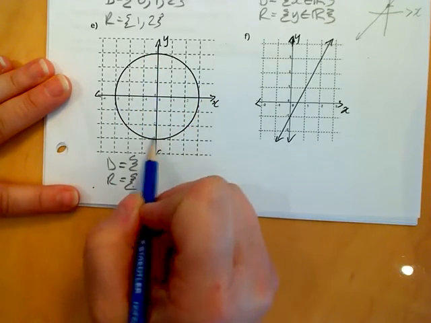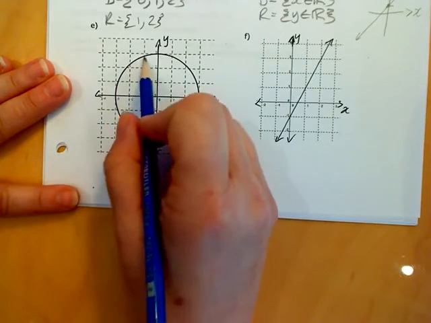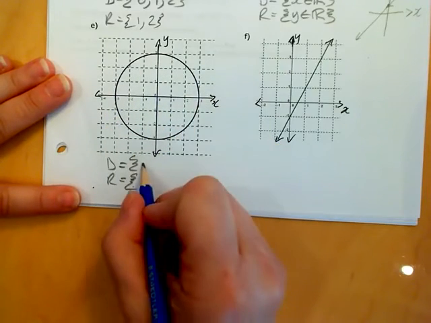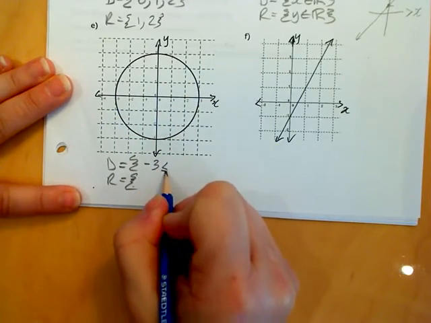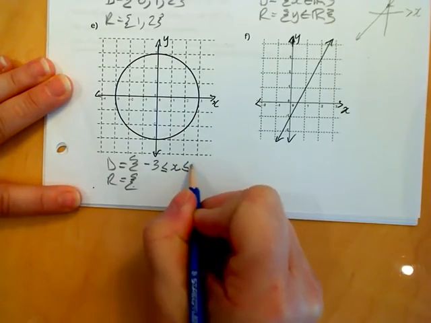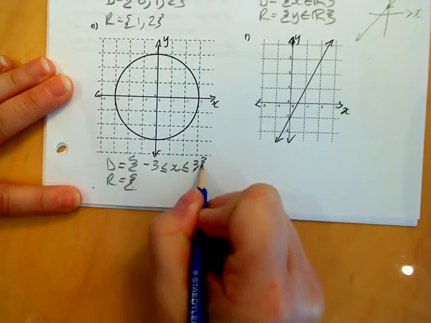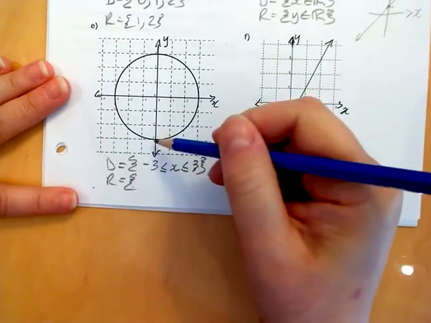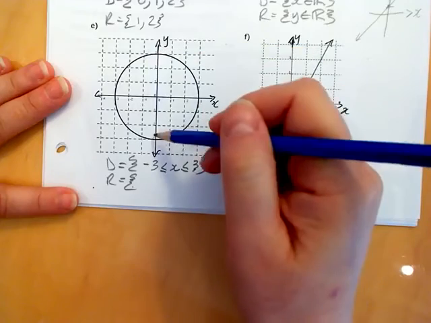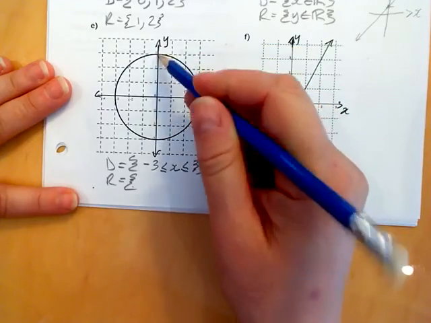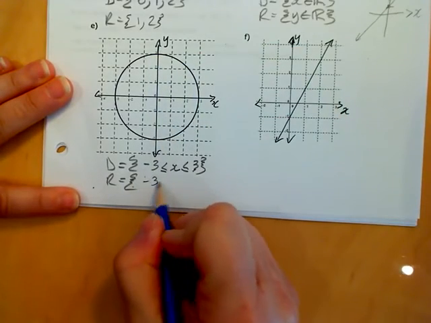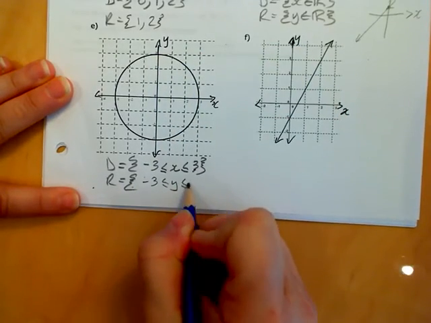All the points here have x values somewhere between -3 and +3. -3 is less than or equal to x, which is less than or equal to 3, and we squiggle our bracket. Now, of course, the circle is the same all the way around, so of course from -3 to +3 will be the range as well.